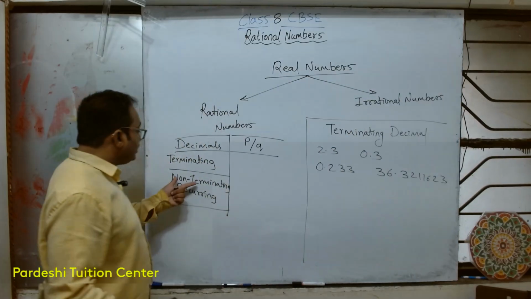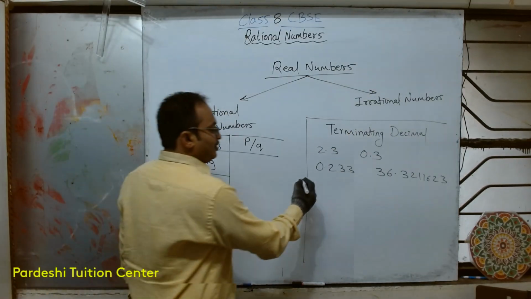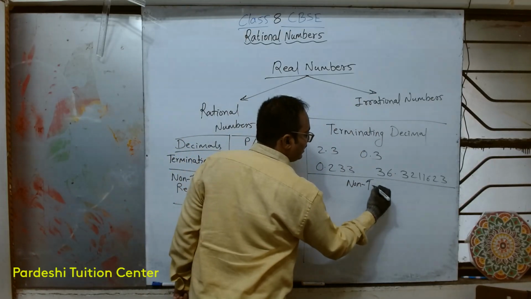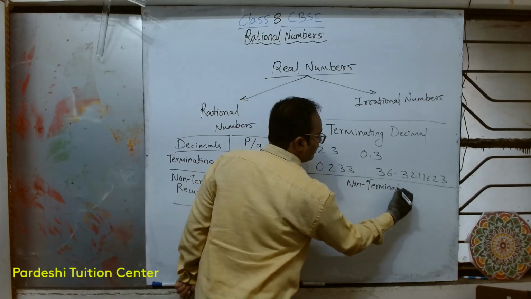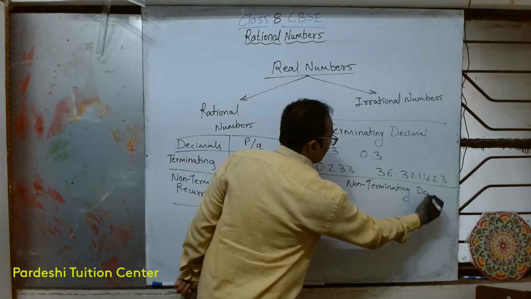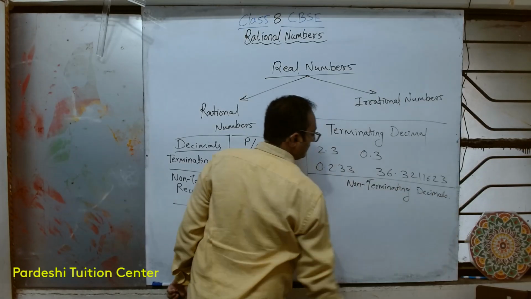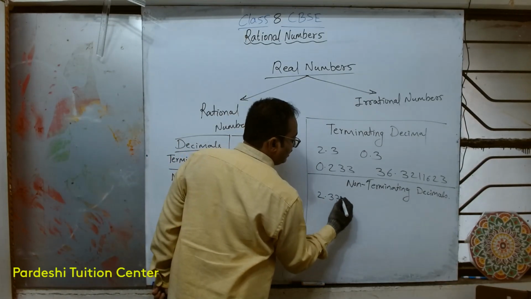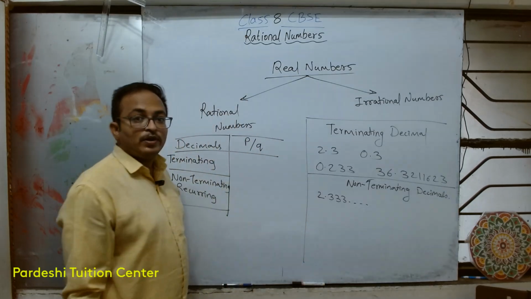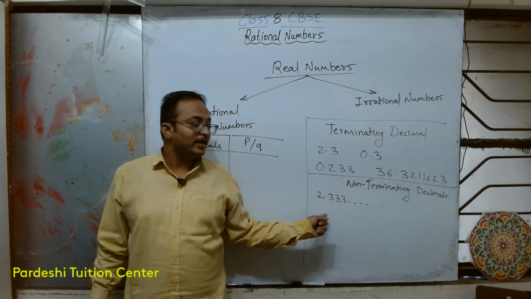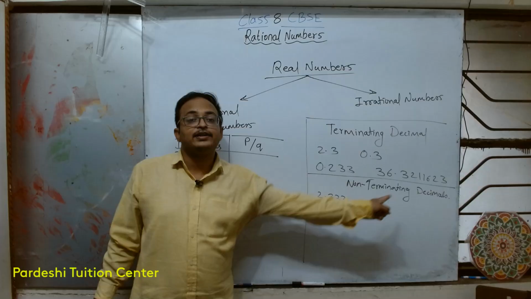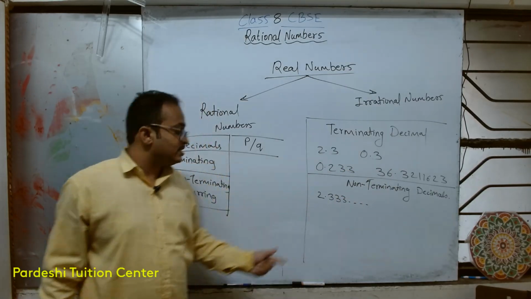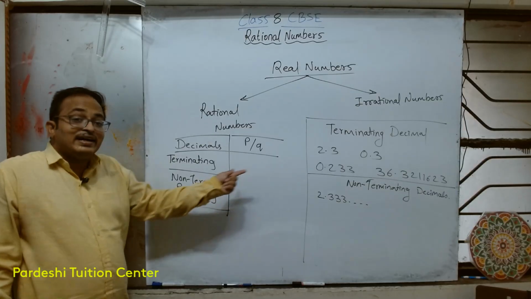Okay, non-terminating decimals. For example, I am taking one example, 2.333 and so on. Okay, this is non-terminating. This 3 occurs indefinitely, again and again, so it is called non-terminating recurring decimal.